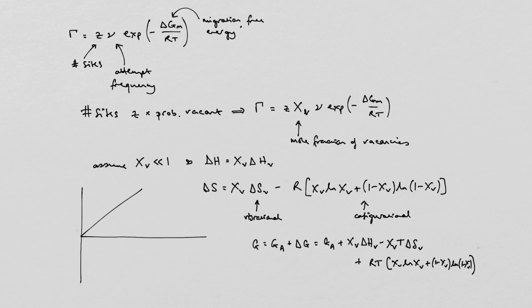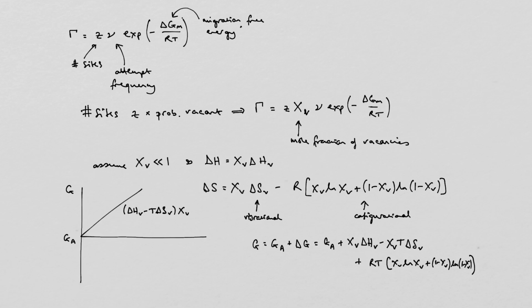So there are two bits to it. If I'm talking about G here, here's G_A for example, there's a bit which is linearly proportional to X. That results from the energy change and the vibrational energy change.